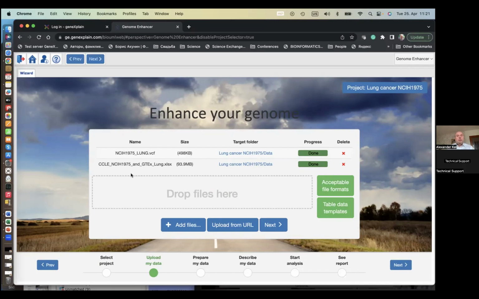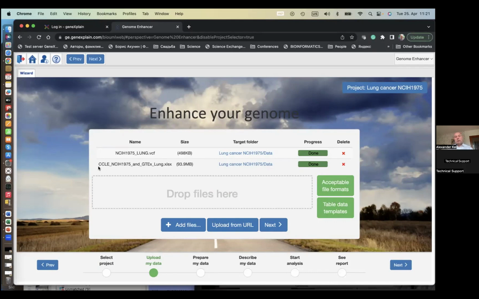But we believe that many of the mutations you observe in those cell lines are original mutations, which happened in that tumor in that patient. And it's interesting to be able to analyze such data, because similar data you can get simply from a tumor of a given patient.